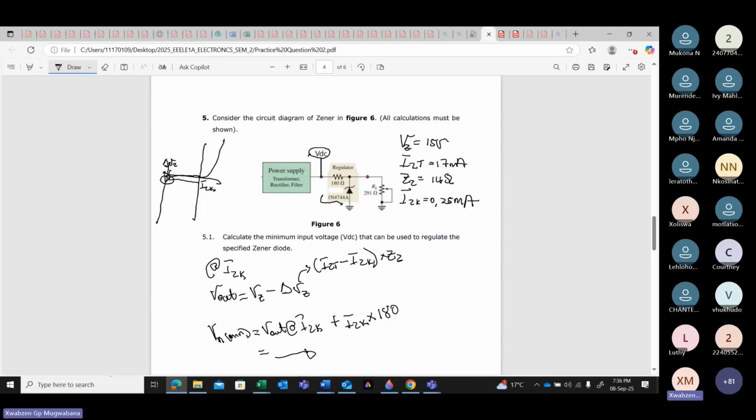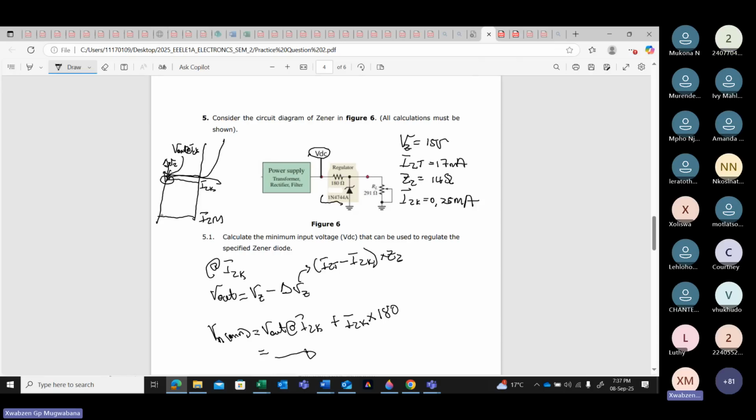That point that you find within this magnitude, that is your V out at IZK. V out at IZK must go with IZK. Do you understand what I'm saying? Yes, sir.